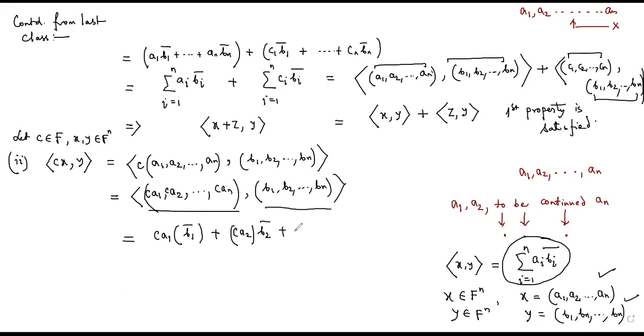Then in this manner, if we go on, we write CAN into BN bar. Now, all these are numbers, scalar quantities, and all these products are scalar products. So scalar products are commutative because we are doing operations inside a field. So we can commute them together in this manner.